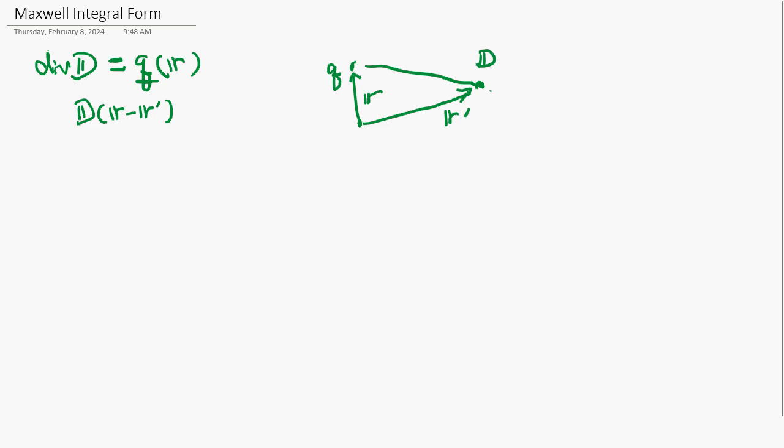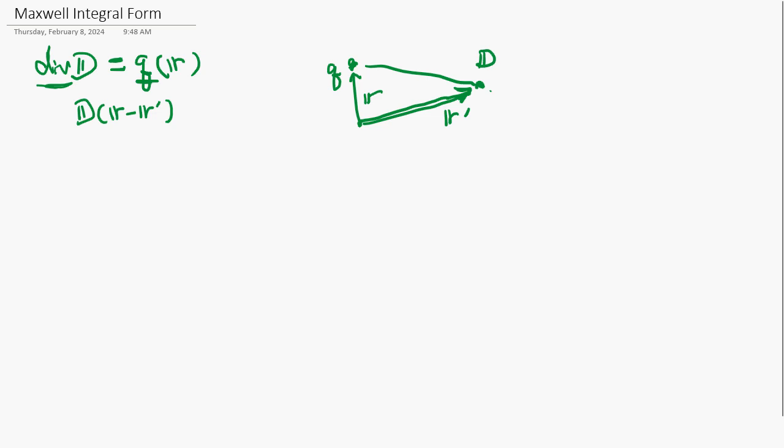So it's going to be the derivative of D is going to be the Q. This is a strange way to say it, but it's a differential equation. If the derivative of D becomes Q, what is Q?